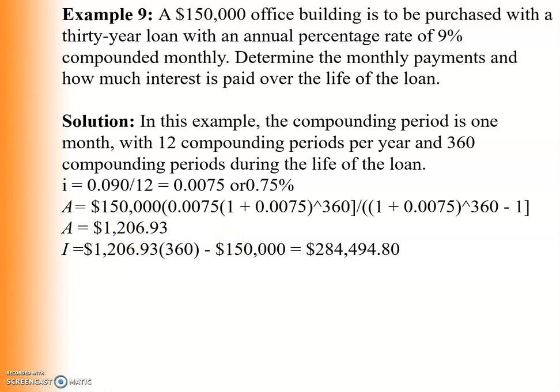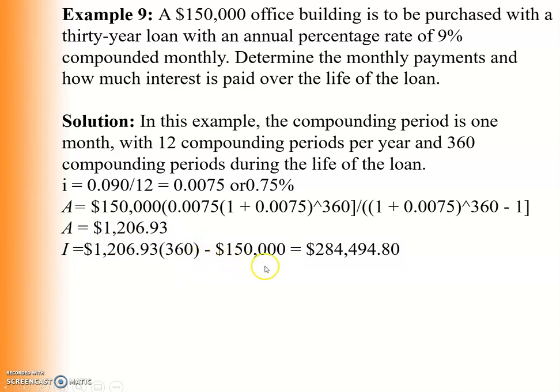If you do this calculation in Microsoft Excel, you will use the PMT function, so you can try these calculations using the PMT function. The amount paid every month is $1,206.93. It will be paid for 360 months, and that will be the total amount paid.